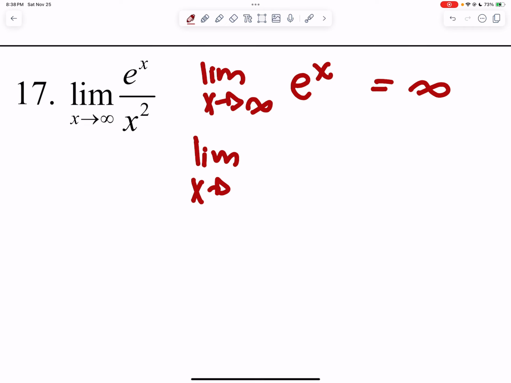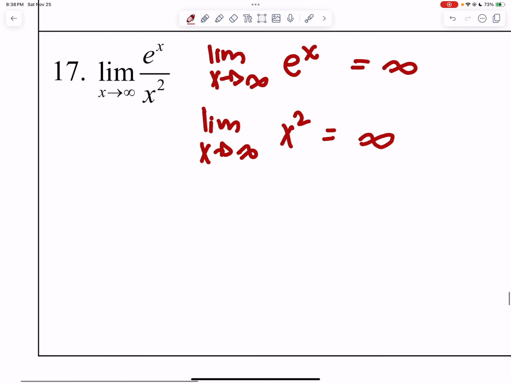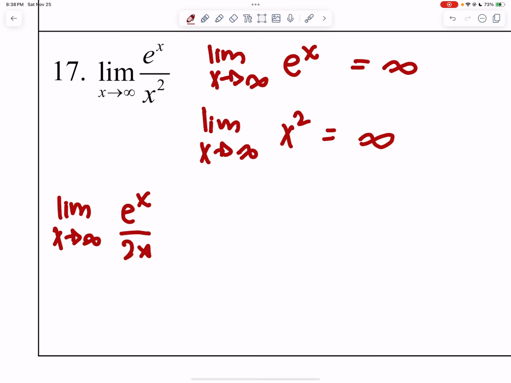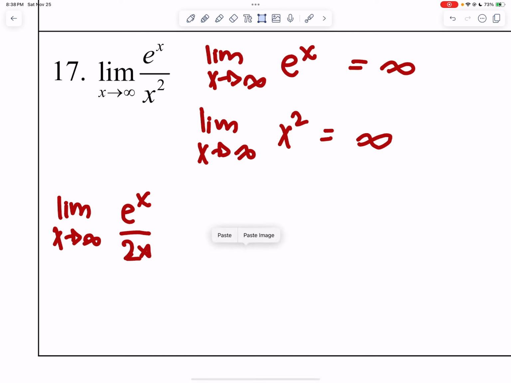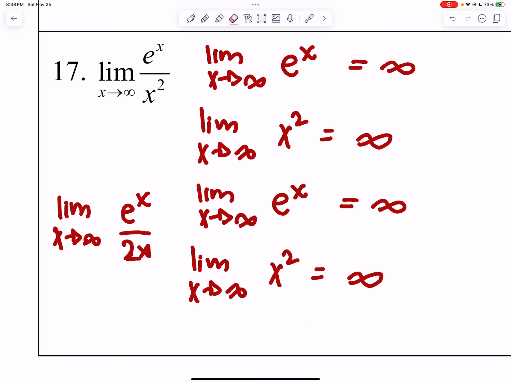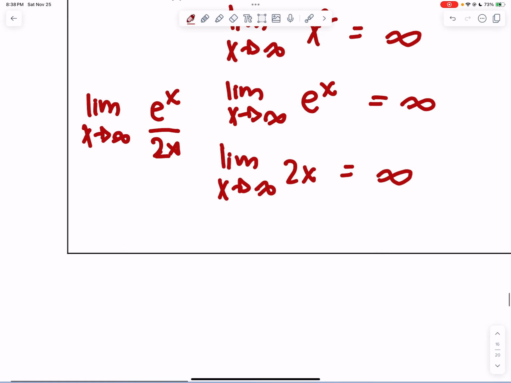And then you have this right here, x squared, which is also infinity. So you use L'Hopital's. Now, once you use L'Hopital's, you're going to see that you have e to the x over 2x, which means that you're going to have to use L'Hopital's again. And then you're going to have e to the x over 2.